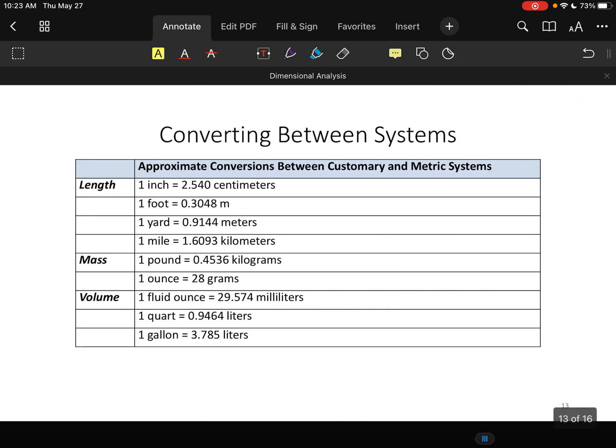So now we can convert between what we call the U.S. customary system and the metric system. Now, I want to pause here and just say, be careful with your conversions, because if you look at these decimal places, most of these conversion factors have maybe 4 decimal places.